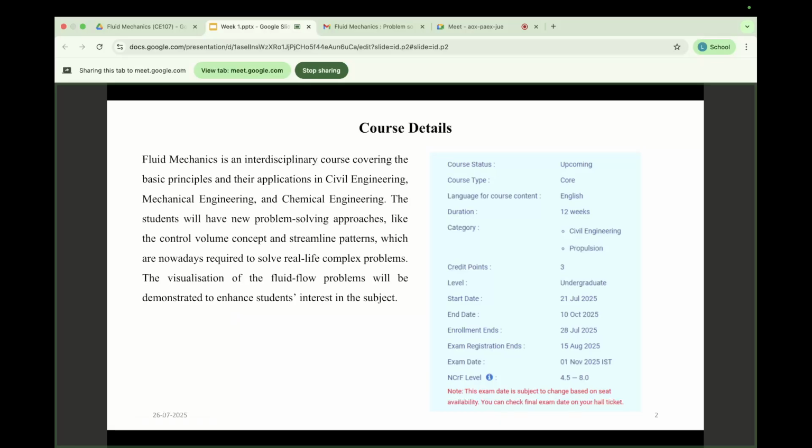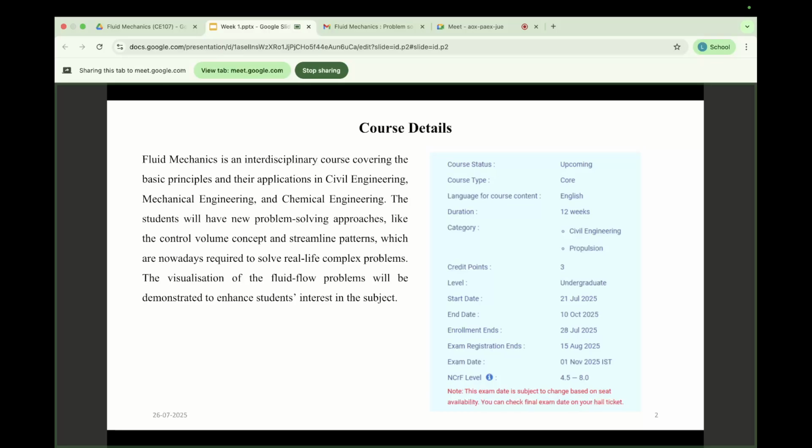This course is not only for engineering, it is also for other branches and other people who are interested in doing this interdisciplinary course. The students who are currently in their BTech courses in civil engineering, mechanical engineering and chemical engineering, this course is quite vital for their academics.